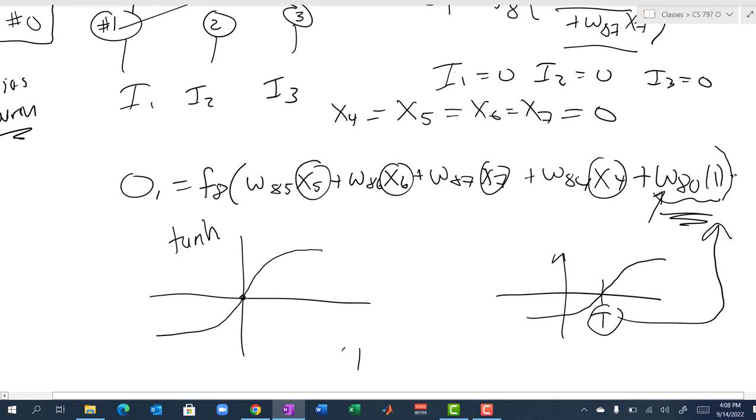And we train that weight from the bias neuron just like all the other ones, so you can actually train the amount of shift you need for your activation functions to get a lot more generalization, a lot more ability to do calculations.